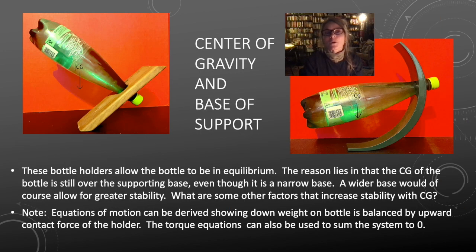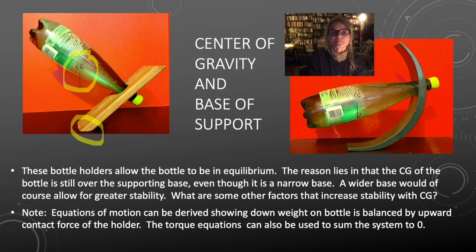Here's an interesting way of balancing center of gravity and making something like a bottle be in equilibrium based on the positioning of its center of gravity over the base of support that you see here. Here we have the center of gravity, about the average for this type of bottle, around the center right here, and you can see it is positioned above this base of support.